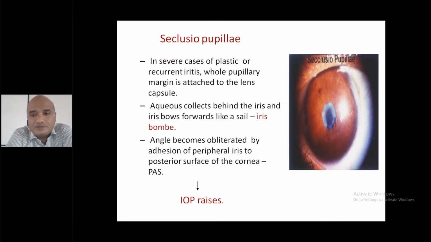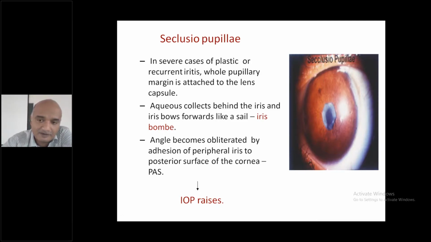Now, what is seclusio pupillae? Seclusio pupillae is when, in severe cases of iridocyclitis or recurrent iritis, the whole pupillary margin is attached to the lens capsule. The complete pupil is completely attached to the anterior capsule of the lens, and there is accumulation of aqueous humor behind the iris. The posterior surface of the iris is pushed forward, which makes the iris swell up.